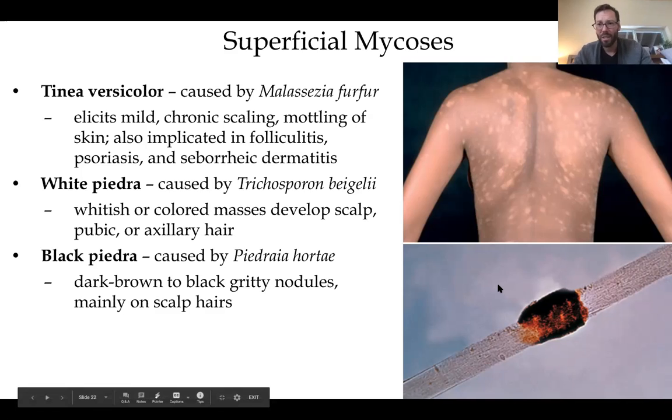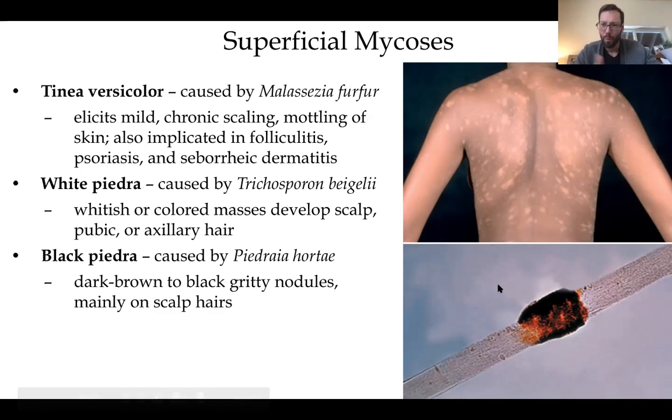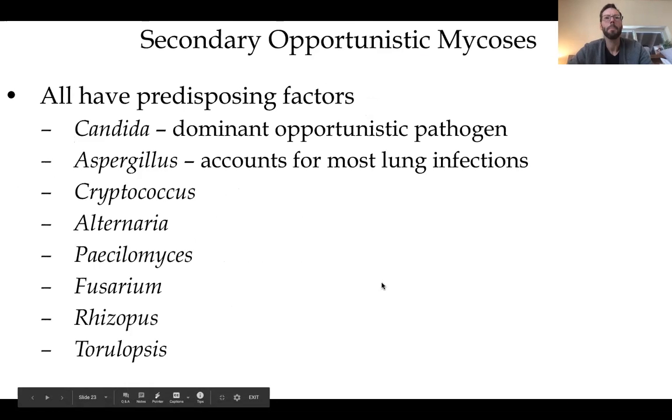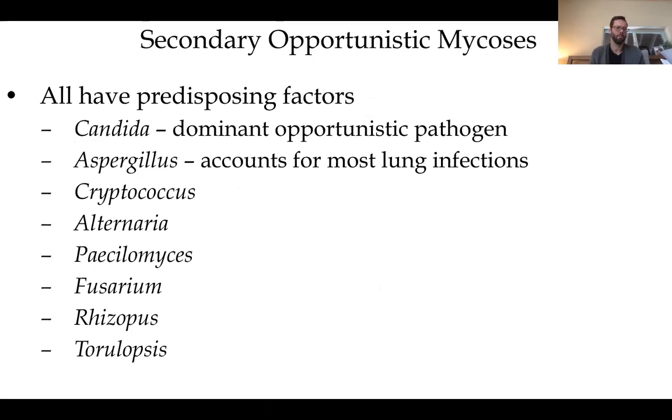These are not nearly as bad as the other pictures that we've just looked at, but still are not necessarily pleasant or benign. Any questions on that, guys? No? Okay.